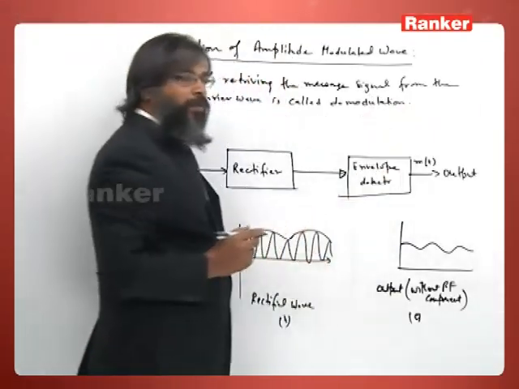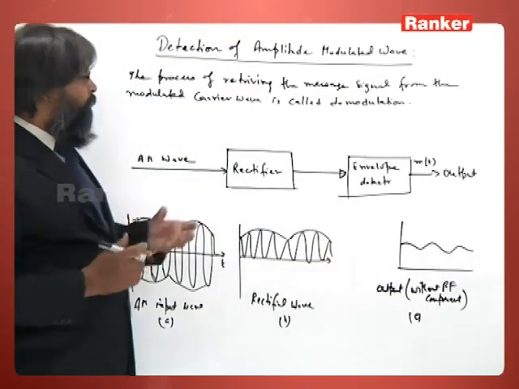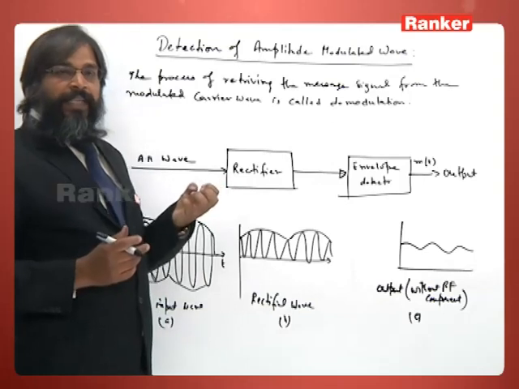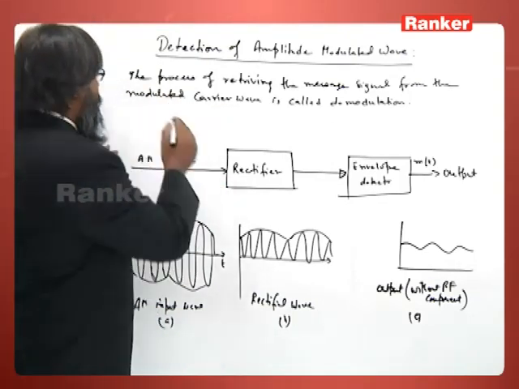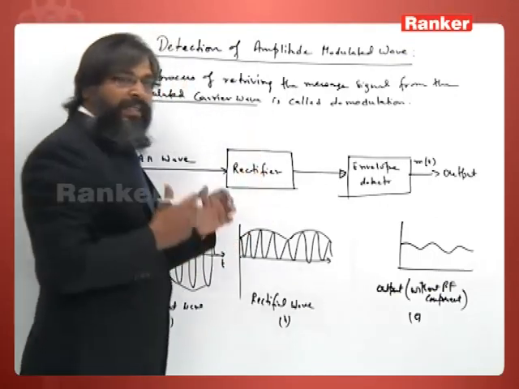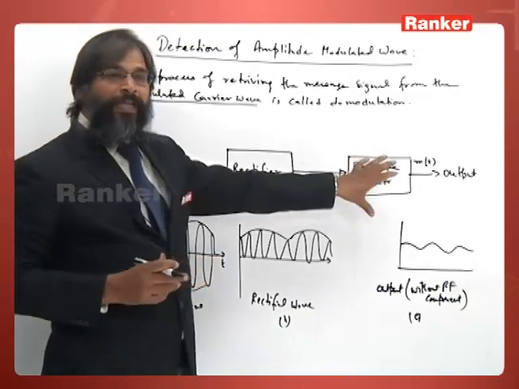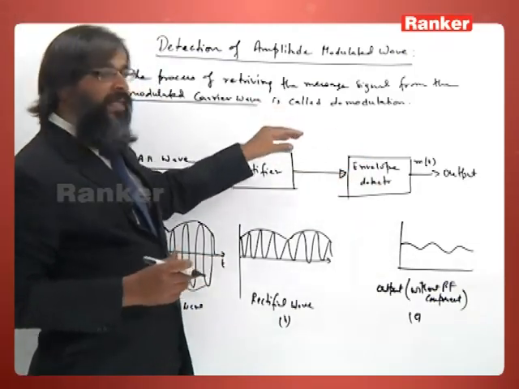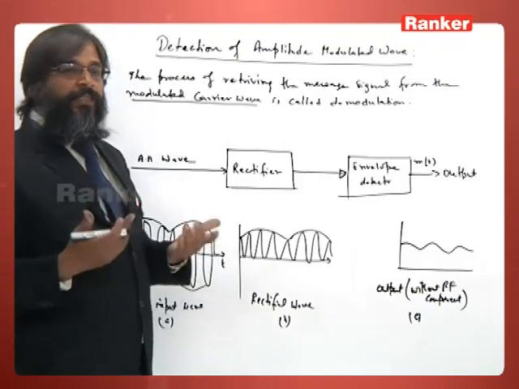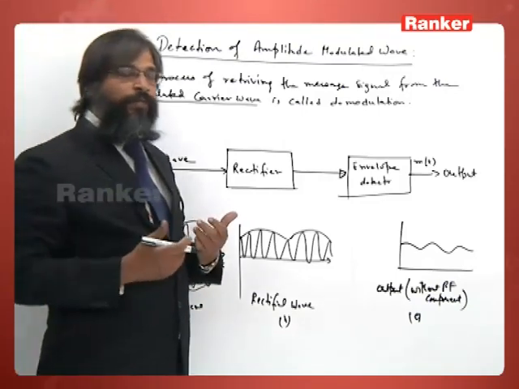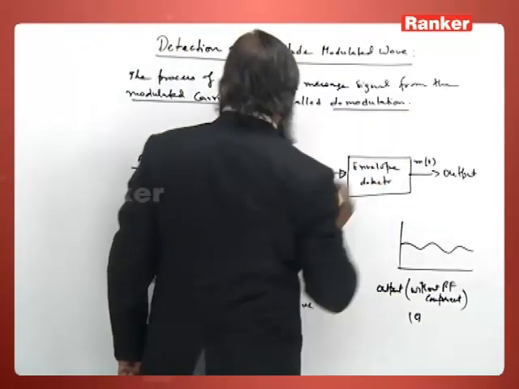So you see, when we watch a program on our TV, the TV antenna catches the modulated carrier wave and then it retrieves the signal by this mechanism, and then that signal is given to the output device, that is the cathode ray tube or the screen of that system. So this process is called demodulation.